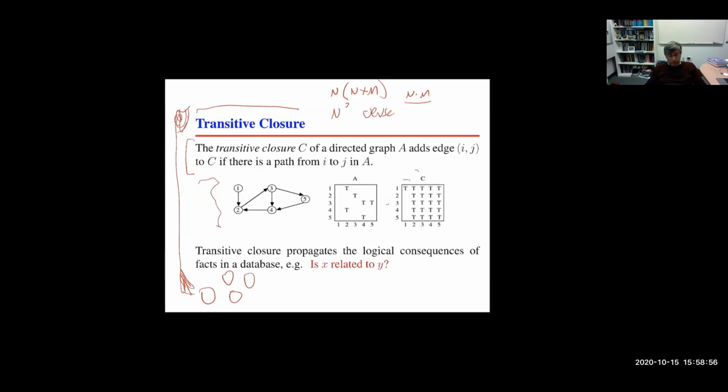This graph really has two chunks of vertices. Within this one, there is a cycle, so you can get between any of these vertices, drive around legally. But you can get from this component to that component, but not the other way around.